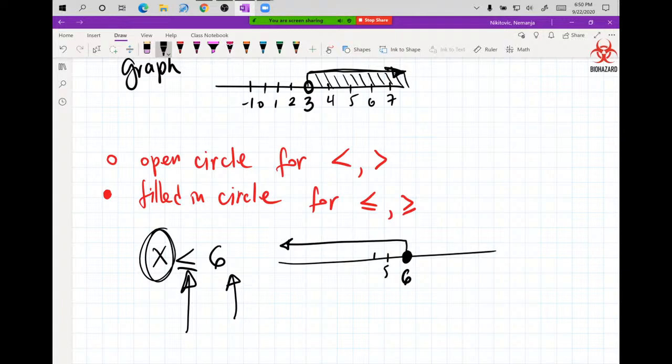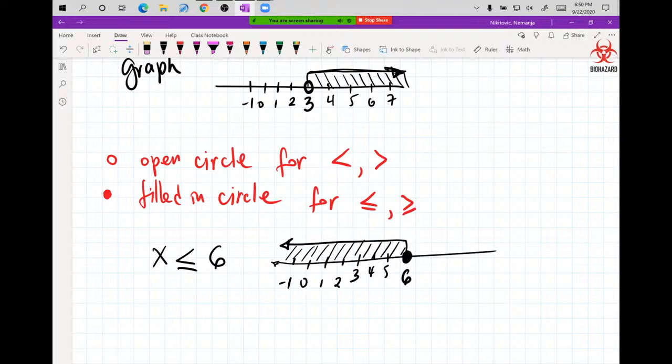So all of the numbers like 5, 4, 3, 2, 1, 0, -1, all the way to negative infinity this way, they're all in this bag of numbers that I do want, because I said all x's that are smaller or equal to 6. And I want the 6 as well, because I have the equal sign.